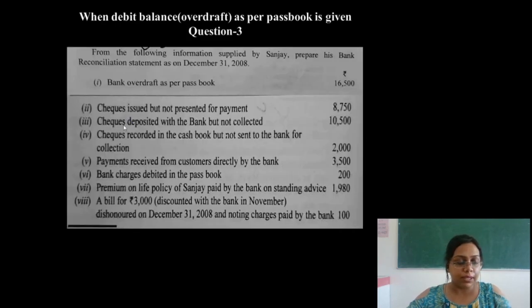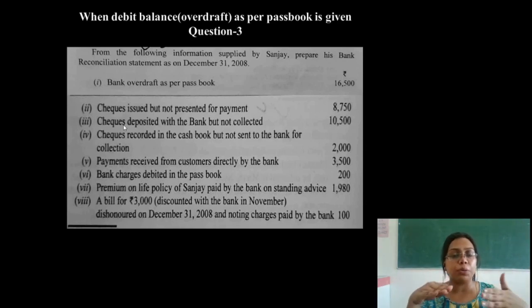Okay, now we'll see the differences. So the differences are checks issued but not yet presented for payment. Check has been issued but it has not been presented for payment. Now remember what we would have done if we were drawing the BRS starting from cash book.